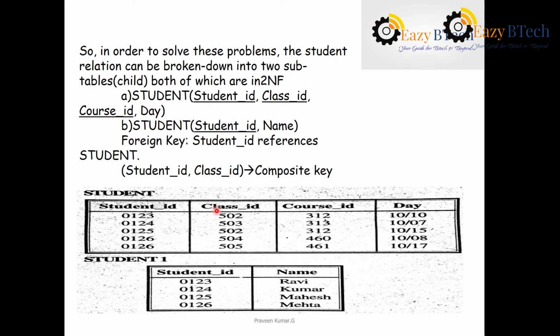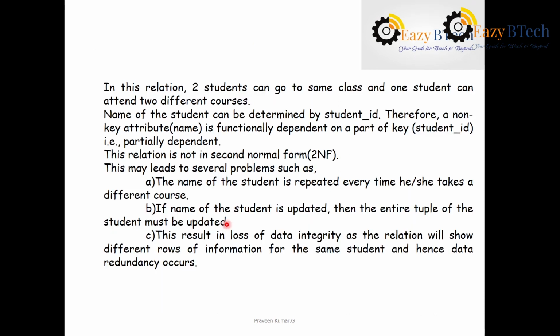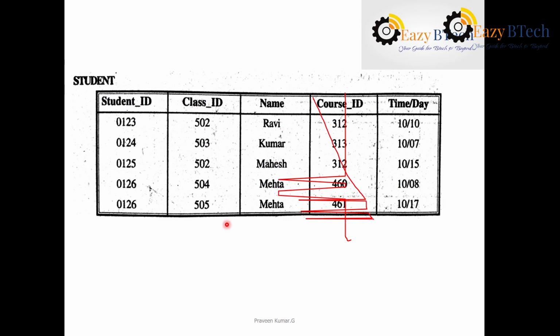Compulsorily all the non-key attributes depend upon only these two values.